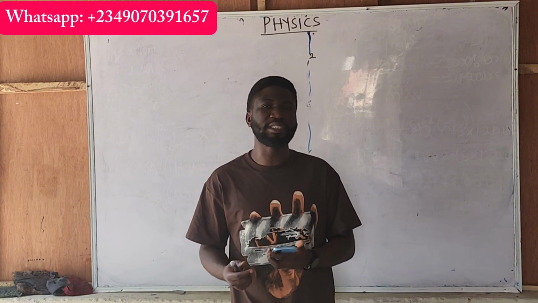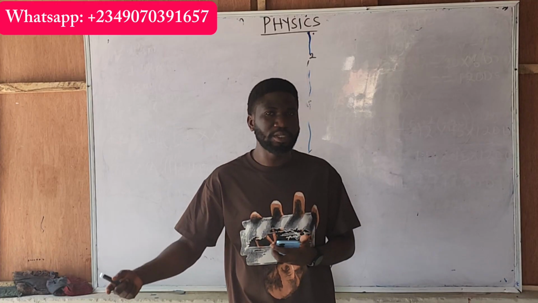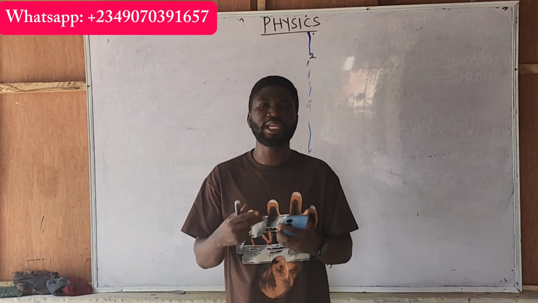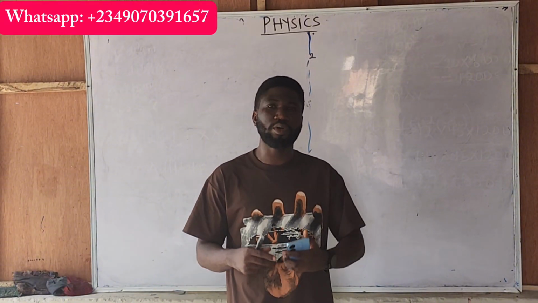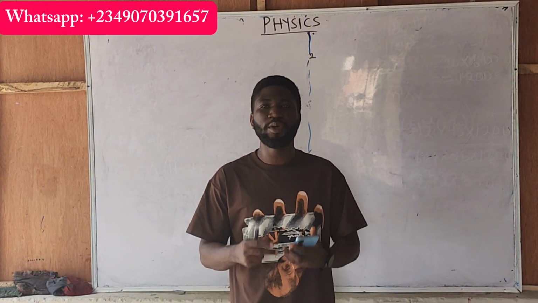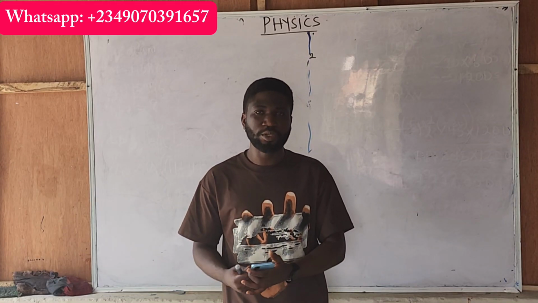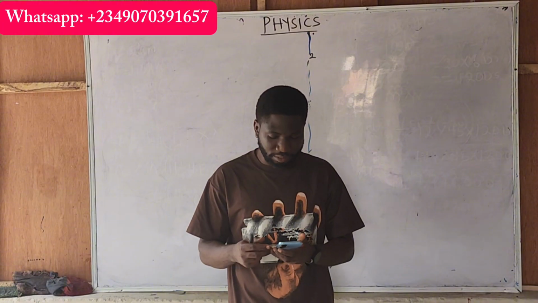Being a derived quantity, its unit is going to be derived. So derived quantities have derived units, and fundamental quantities have fundamental units. There's a video where I talked about fundamental quantities as well as derived quantities. So check the video, you can see it on the screen, and do well to study.